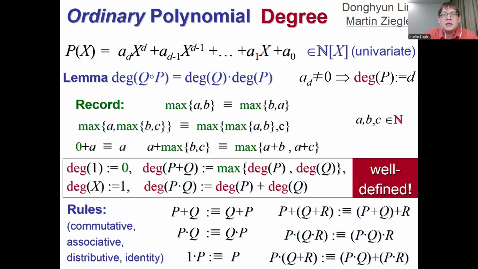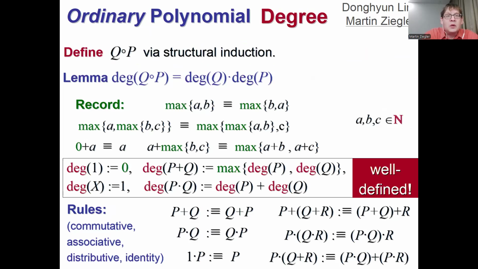And I will spell this out in so much detail because this is how we then generalize it to second and higher order polynomials. So this new definition of polynomial requires us to define the composition by structural induction, right?